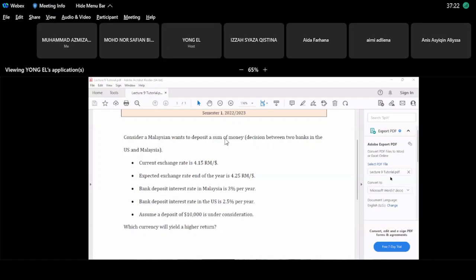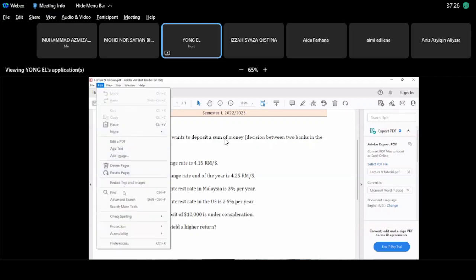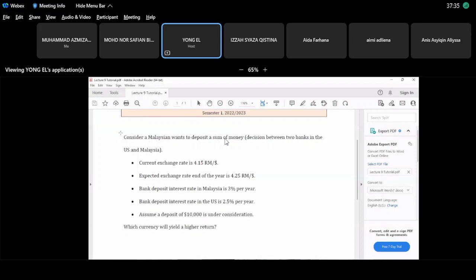Perhaps I need to just copy this information to my whiteboard. Wait a minute. Snapshot. Okay. Let me close this one. I'm going to open the virtual whiteboard and copy and paste this information to my whiteboard. Just wait.